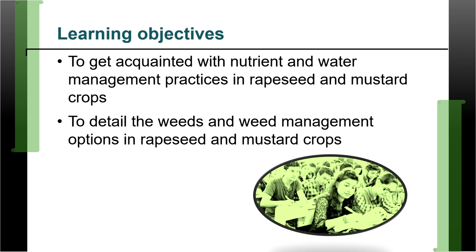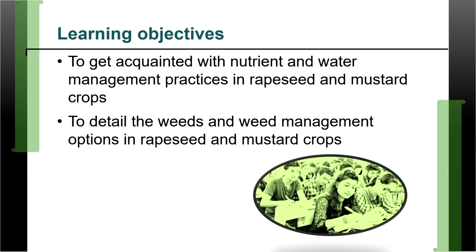mustard crops. First of all, we will see how the nutrient deficiencies are visible on the rapeseed and mustard plants, and then also see what are the soil conditions that allow nutrient deficiencies in certain crops, and also discuss the water management issues in rapeseed mustard crops, along with the details of weeds and weed management options in rapeseed and mustard crop.